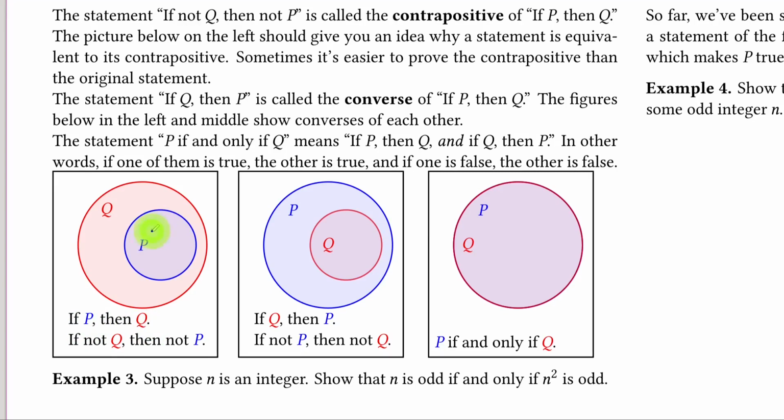This is the way I visualize in my head what it means if I say if P then Q. It means any situation where P is true automatically means you're going to be in Q. Then Q is going to be true as well.